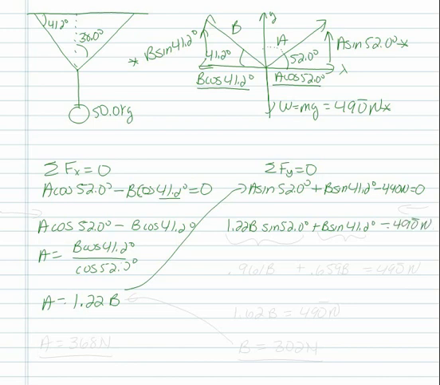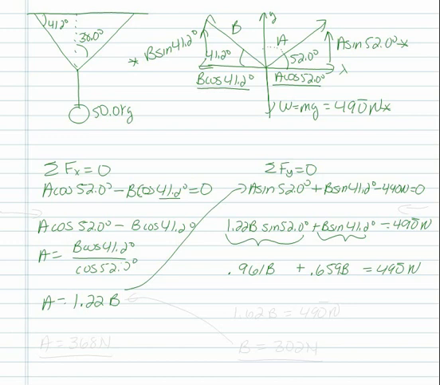Now we can shrink it down. This 0.961B, this 0.659B equals 490 newtons. We still have to keep 3 sig figs because really we have some combined operations here.